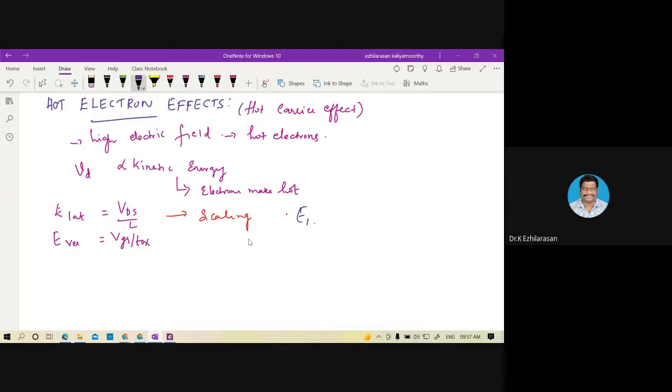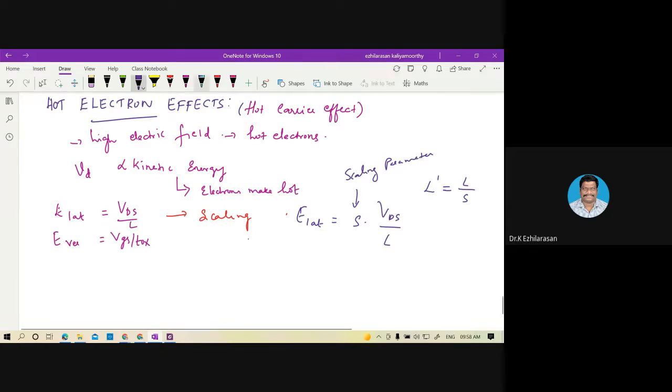E lateral is equal to S into VDS by L, where the new L, L dash, is equal to L by S, and S is the scaling parameter.